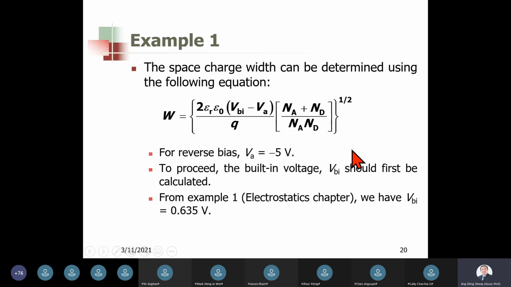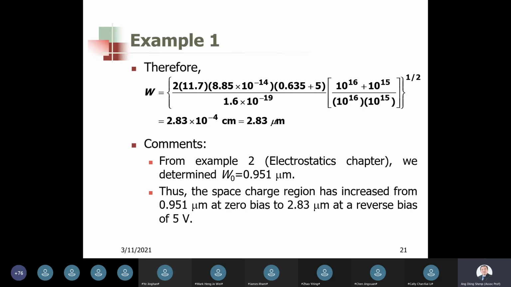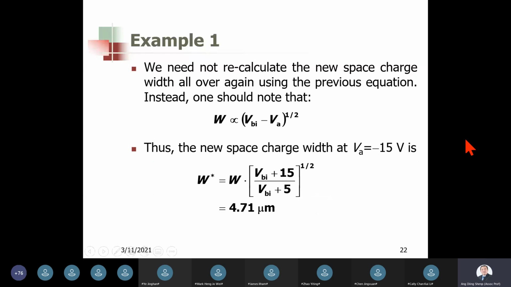So since you know the W for a reverse bias voltage of 5 volts, you can easily determine the new space charge width at a reverse bias voltage of 15 volts, or VA equals minus 15 volts, by direct proportionality in this manner.